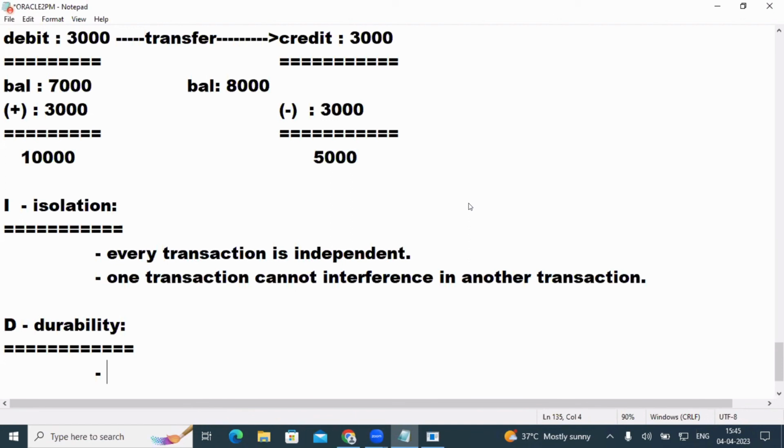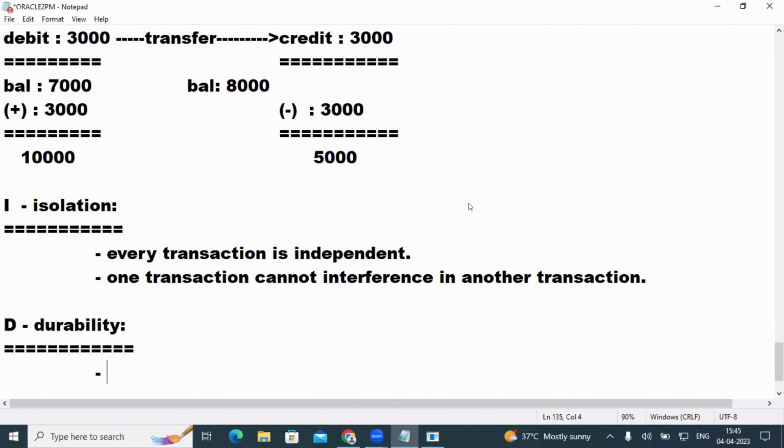Is your transaction affected or did nothing happen? Nothing happened to your information. Yes or no? So, while you are doing some transaction, in between, if any abnormal terminations happen, that will not affect your database information.